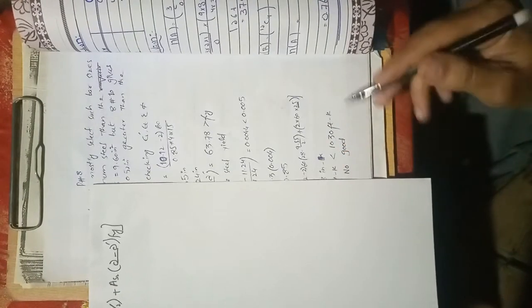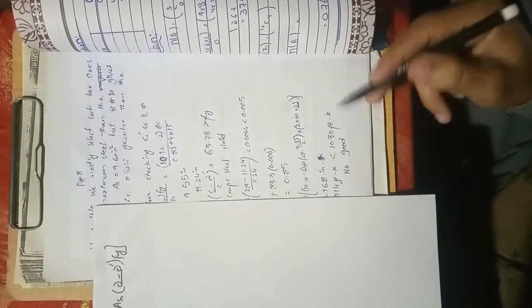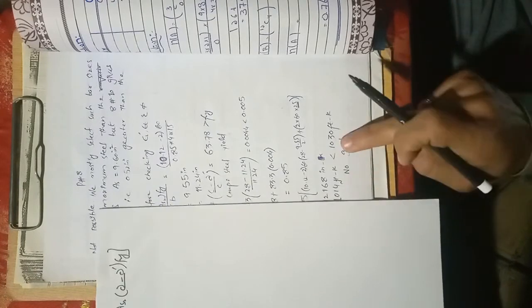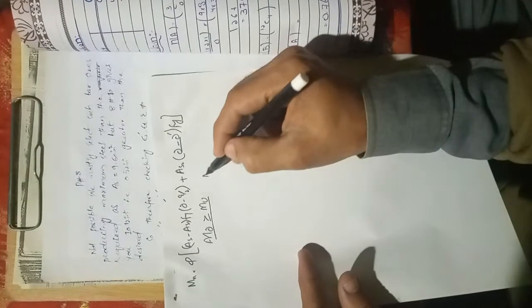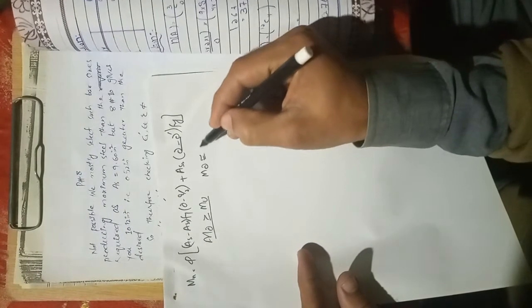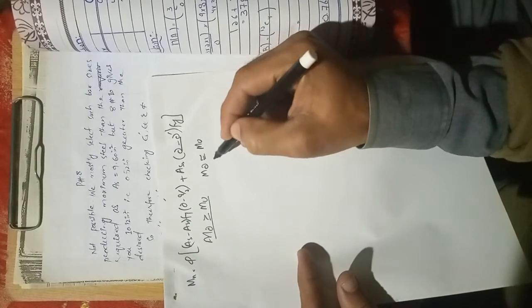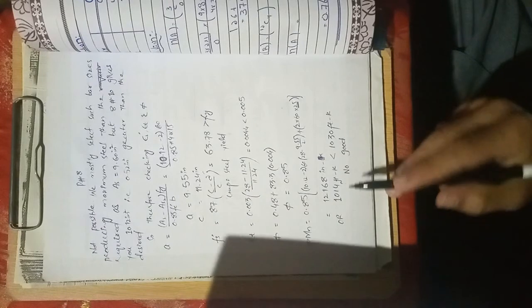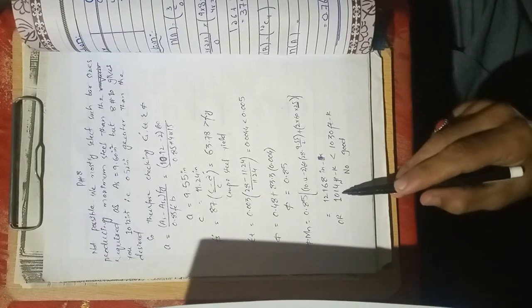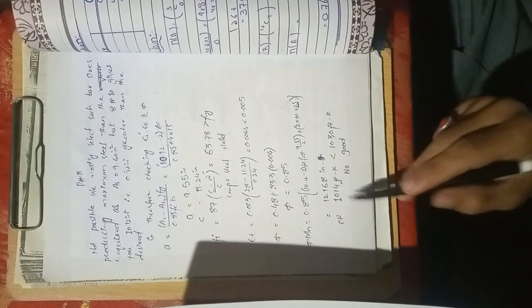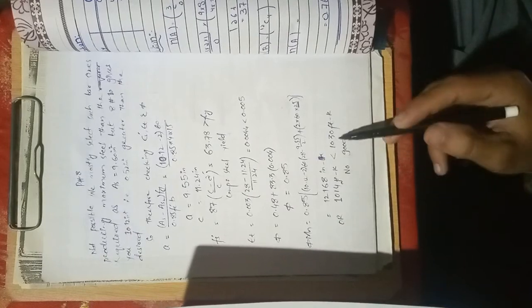You can write that it will work because the result is close. But if somebody is interested to increase this value or to equate these two values, what do we need to do?